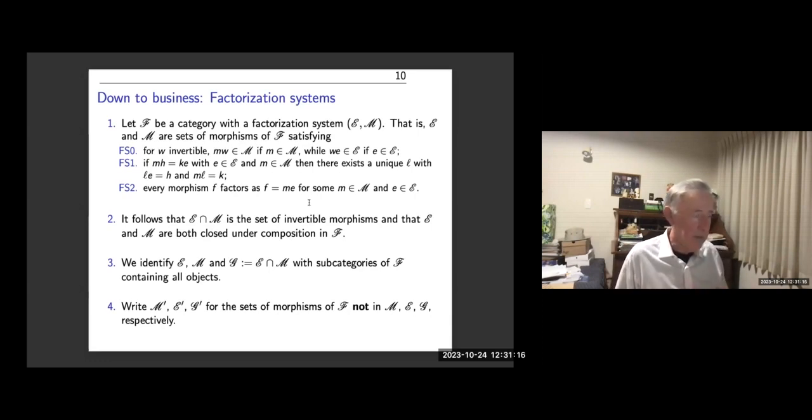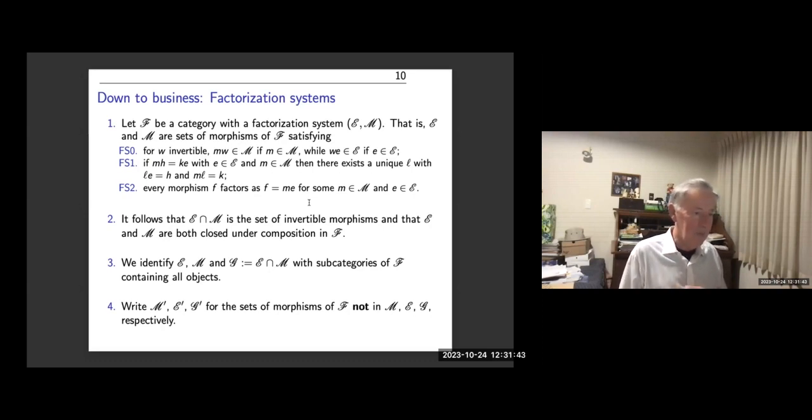I also need this. Remember I said before we left out identities? Well, the priming process is going to take complements of things. So M prime is going to be the set of morphisms in F that are not in M. And E prime is the set of morphisms in F that are not in E. So these are not subcategories, but these are a funny thing to consider, but that's what I'm wanting to consider.